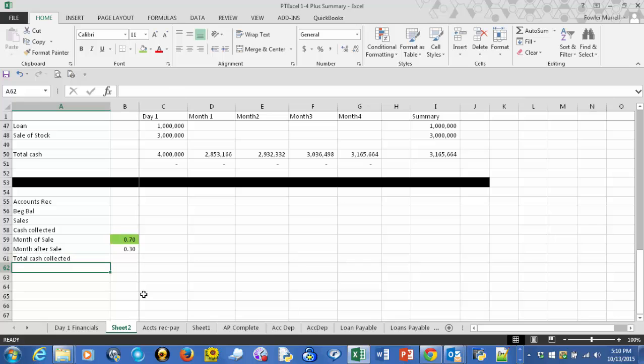And then the last line is ending balance. Okay, we start with a beginning balance, sales, cash collected, and the detail of the cash collected, total cash collected, and then ending balance.